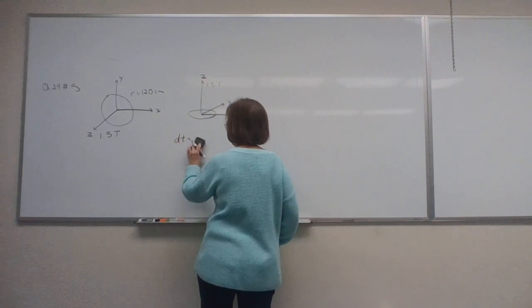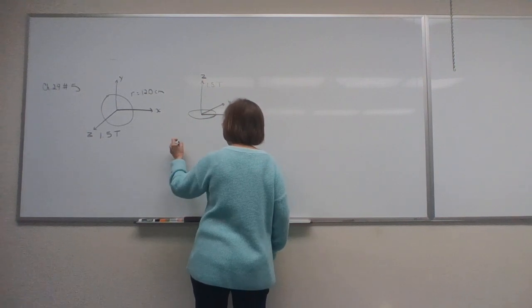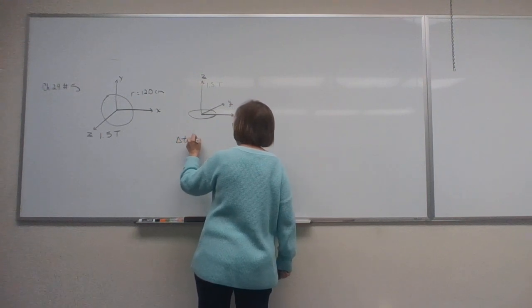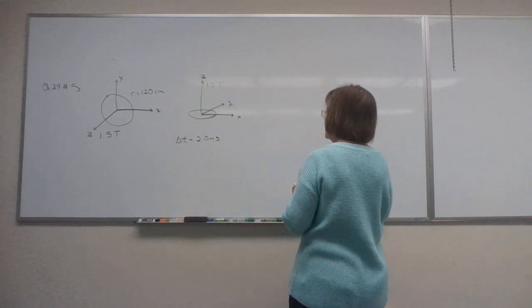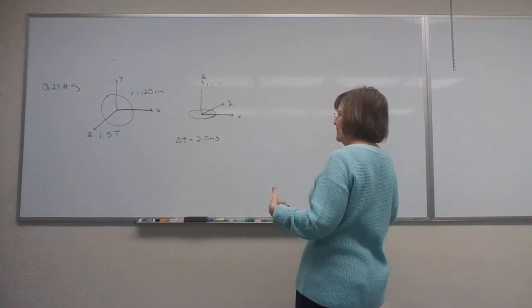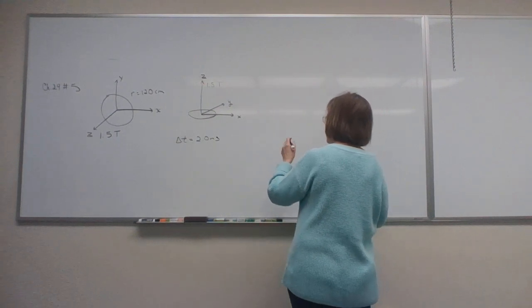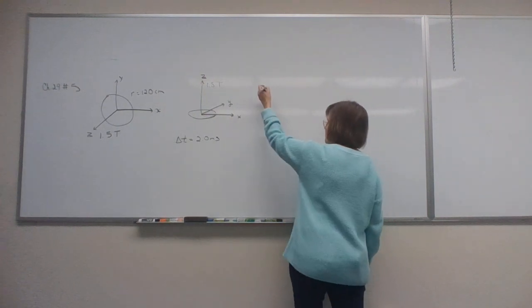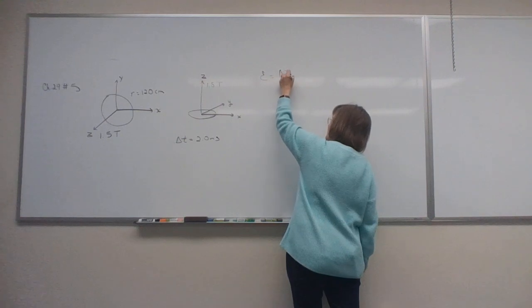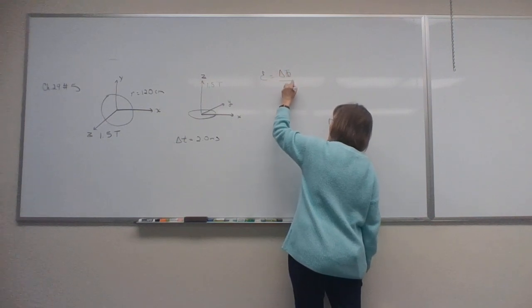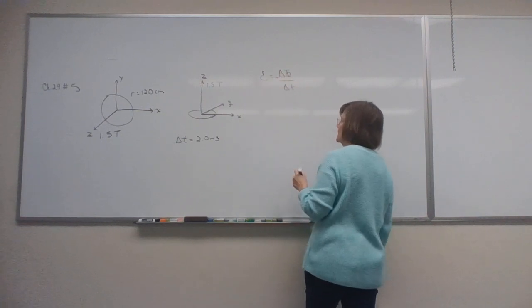Really, it's a delta T. What we have to do is find the flux before and after it's moved, because we're going to be looking for a change in flux. Our average induced EMF is the change in flux over the change in time. We put a negative there.